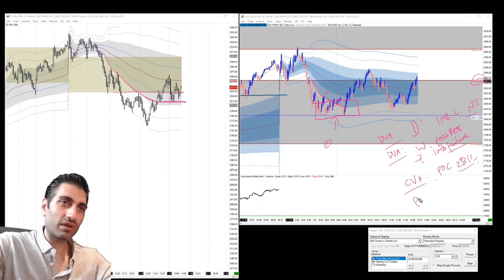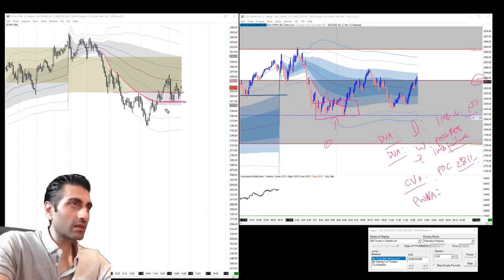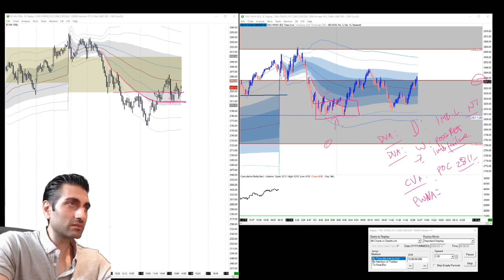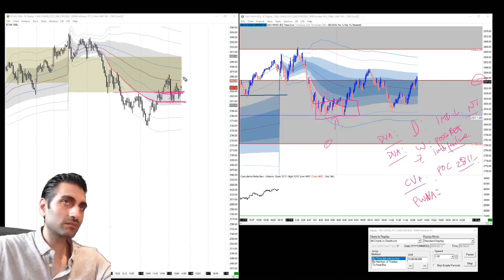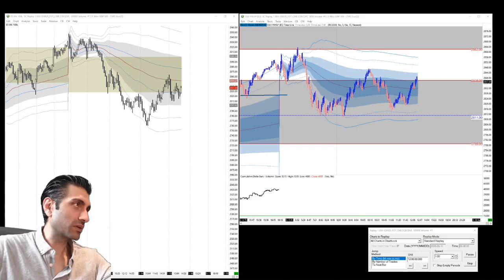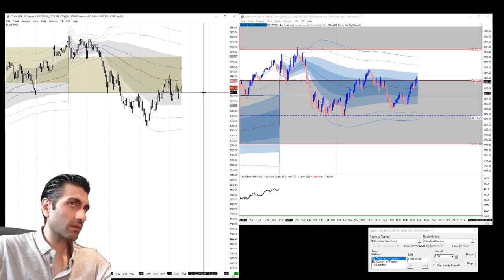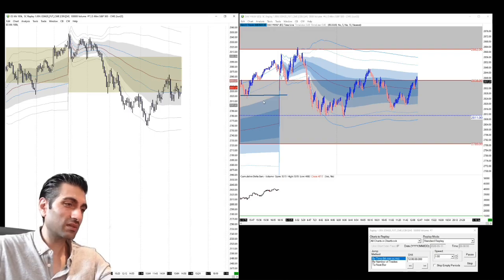And finally, what prior week's value area is, just have a look where it is. Probably around 28, 27. Somewhere in that region, approximately.